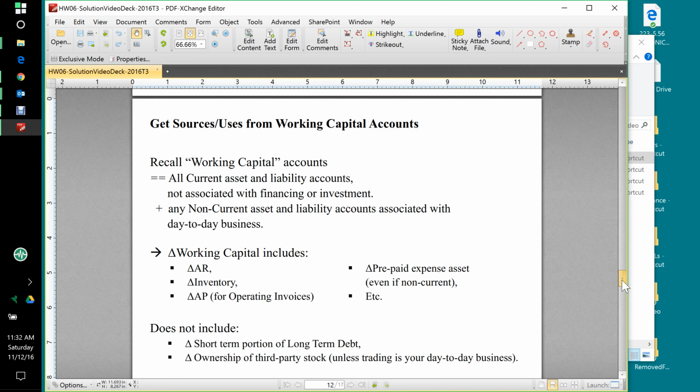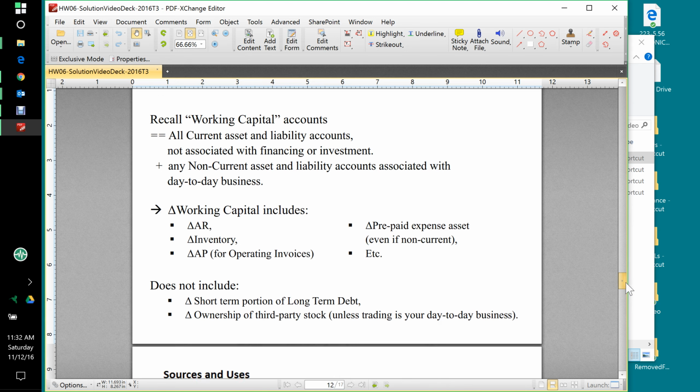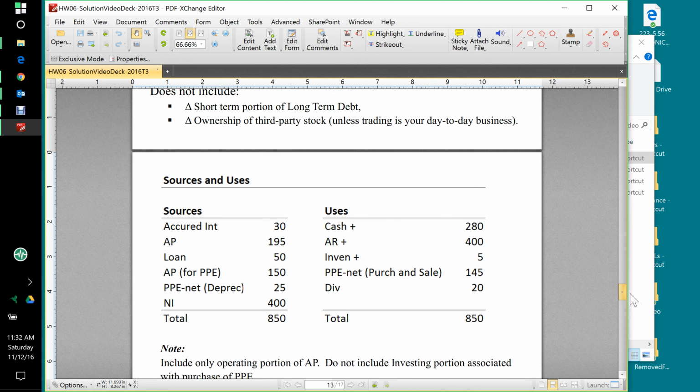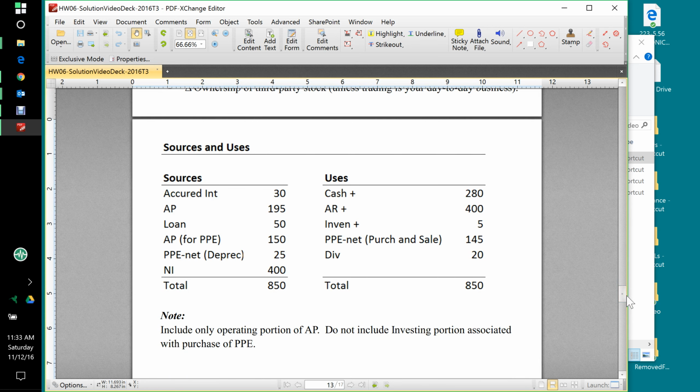I've got some more reminders here for us. I'm going to just skip through those. And I've got for convenience here our sources and uses table repeated for us so we can pick out our working capital sources and uses. And again, for accounts payable, we only want the operating portion of that.